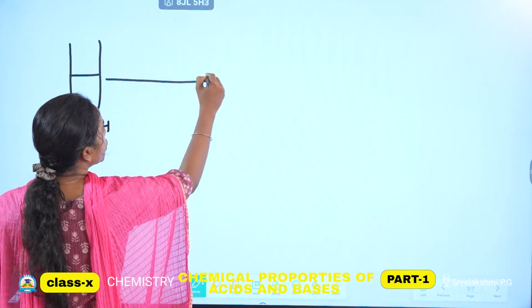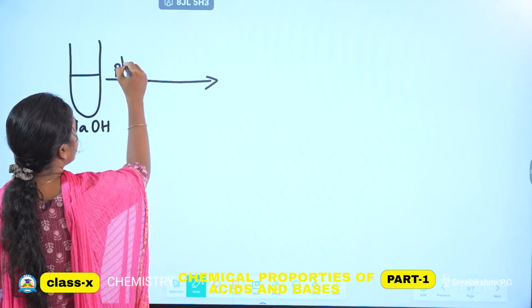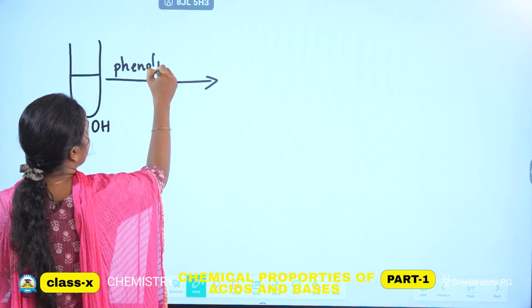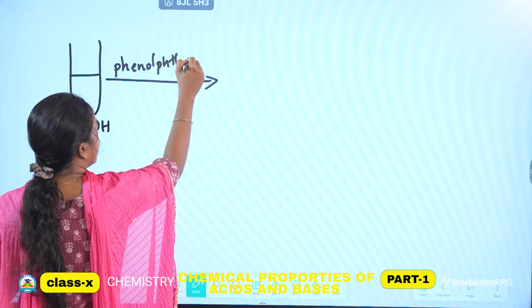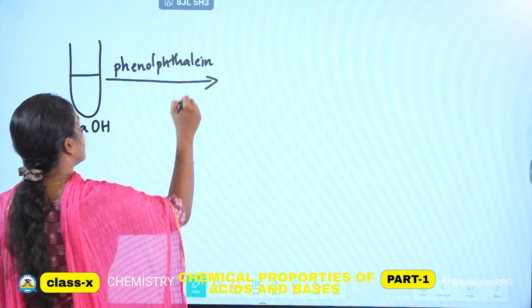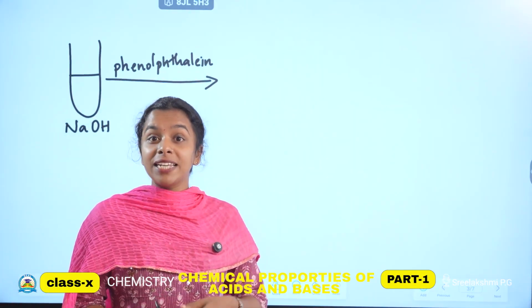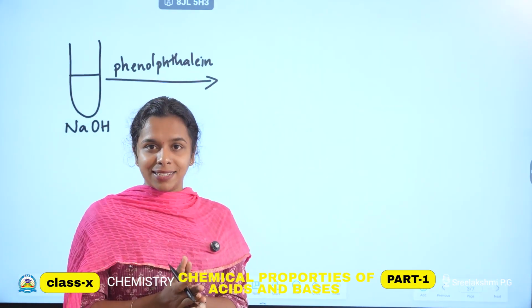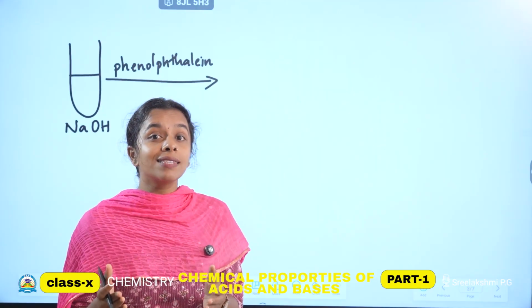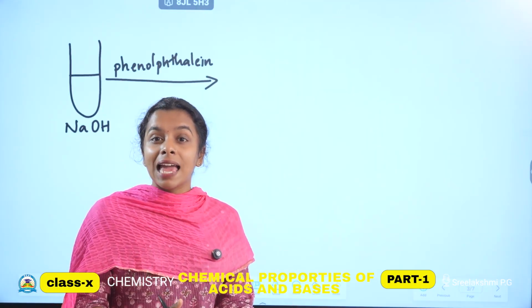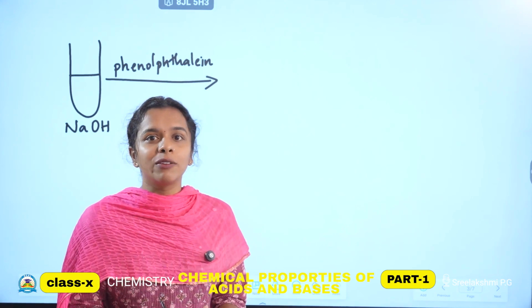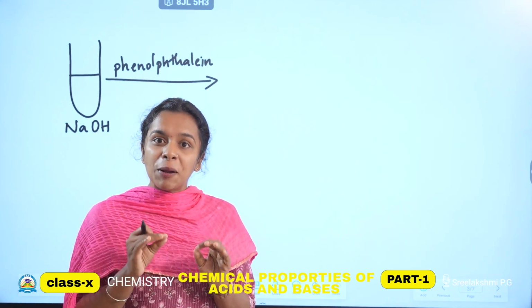Into this solution, we will add phenolphthalein. What is phenolphthalein? In the indicators, we have studied about phenolphthalein. It is a synthetic indicator, that means a man-made indicator. In the presence of acid, it will remain colorless, and in the presence of base, it will give a pink color.